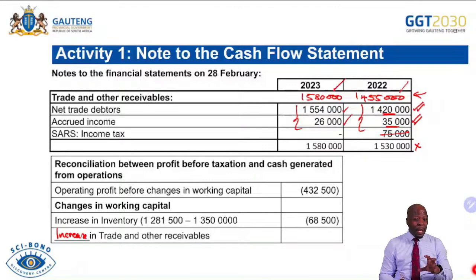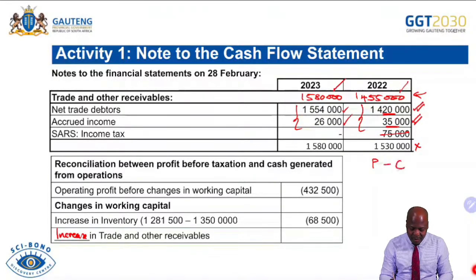Now remember the formula that we started with inventory. And we agreed we're doing that because inventory is an asset, and trade and other receivables are also assets. So that means if we are to use the same method that we used, we will now say, what do we say? Previous minus current.